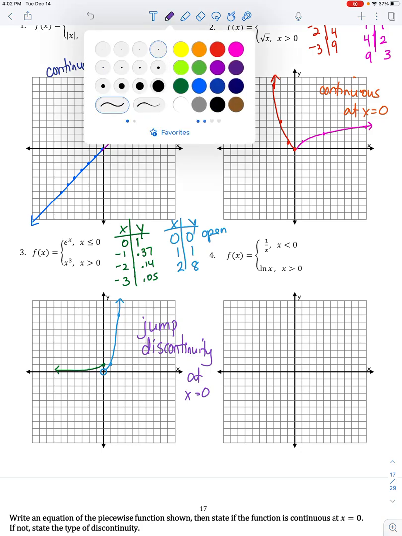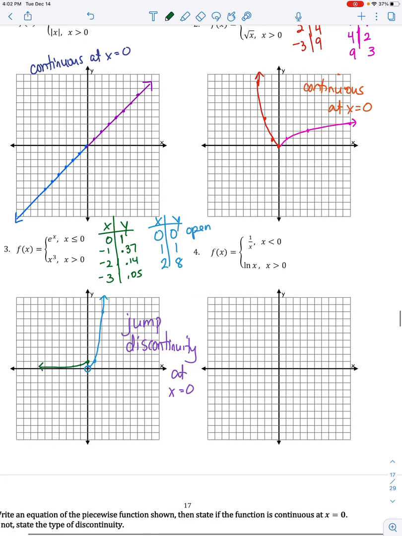Okay, we're going to do one more of these and then I'm going to stop bothering you. So for this one, we have to use 1 over x for less than 0. So you really can't plug in 0 because it would be undefined. So that's not going to be on the graph. There's actually going to be an asymptote there. Then we're going to plug in numbers less. So -1 would give you -1.